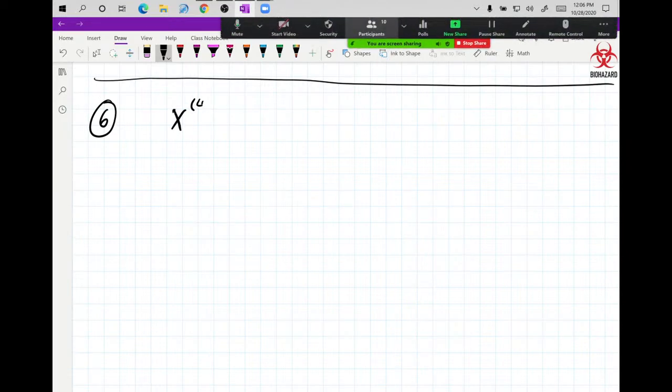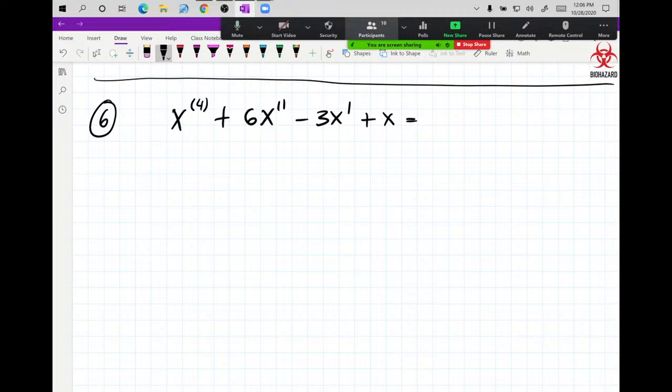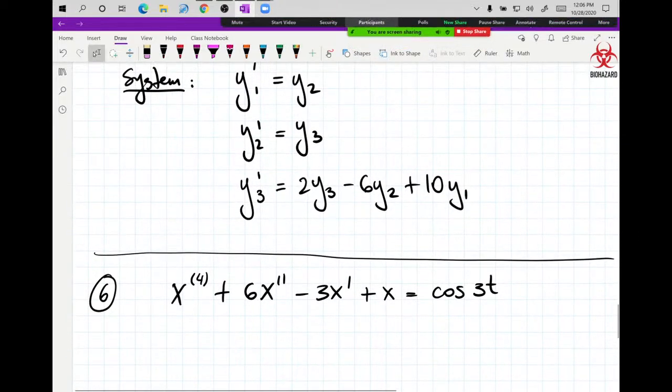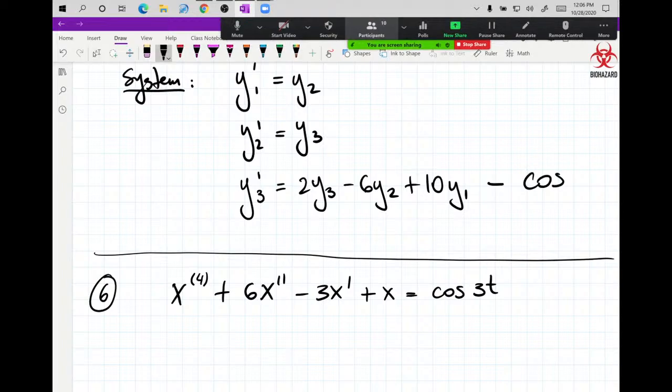The fourth derivative, we need 4 equations, plus 6x double prime minus 3x prime plus x, equal to cosine 3t, which you will just drag through. That cosine 3t will just appear right here in the last equation, so you don't have to worry about the cosine 3t at all.